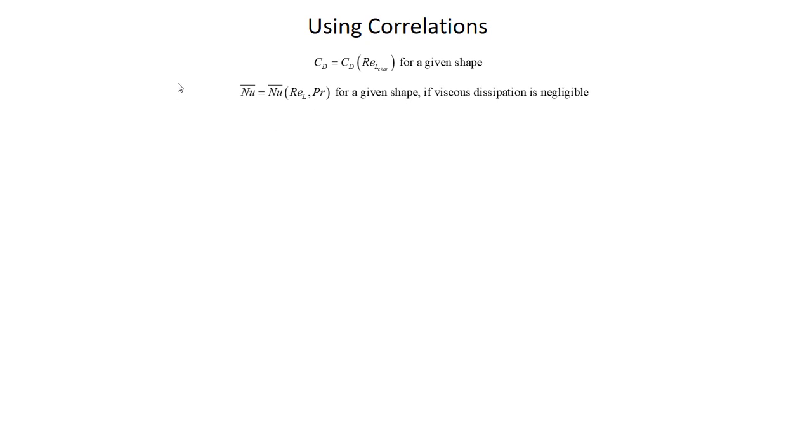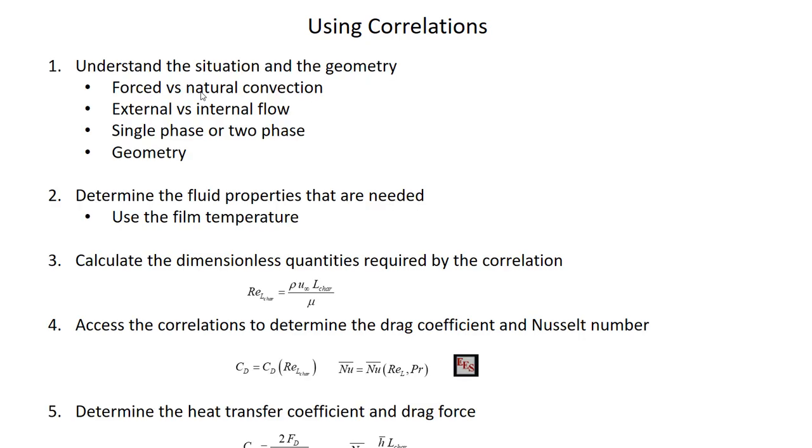Using these correlations is pretty simple, probably something you learned in a previous class, but we'll go through the basic steps. The first step is trying to understand what correlation you want to use. There are all different correlations, and you need to understand which one applies to your particular problem. Some of the questions you have to ask yourself are: is this a forced convection problem versus a natural convection problem?